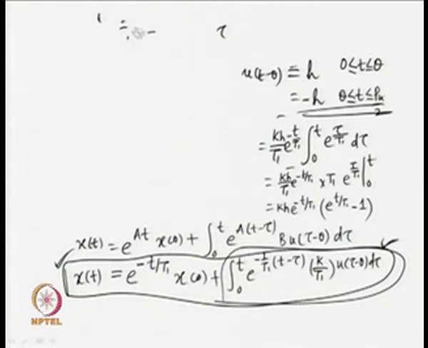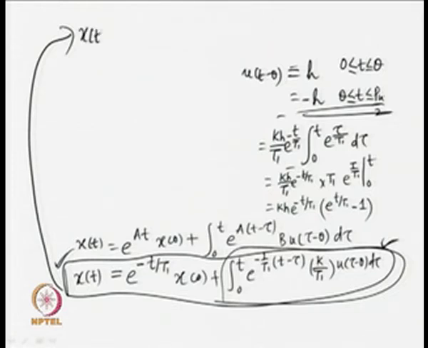So, finally, after simplification this can be written in the form of x(t) equal to e to the power minus t upon T1 times x0 plus, when I multiply this, I get kh times 1 minus e to the power minus t upon T1.